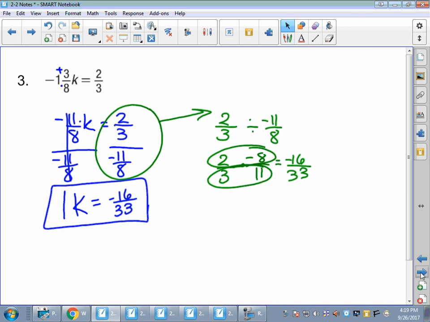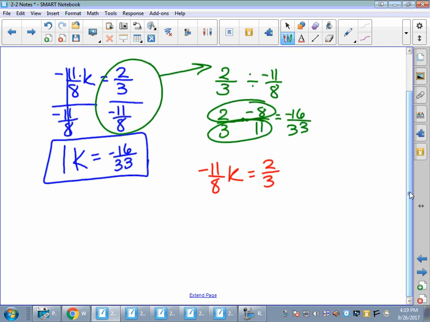Another way we can make the k turn into a 1 is instead of actually using division at all with fractions, we know that we can make -11/8 turn into 1 using its reciprocal. So if I were to multiply this same problem by -8/11, I'm multiplying by the reciprocal. So I can divide by the actual fraction.